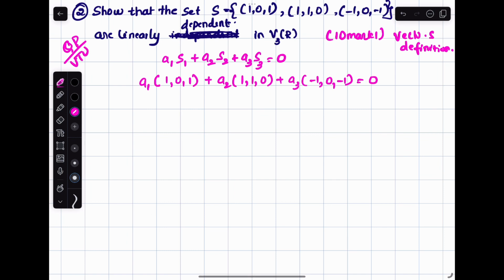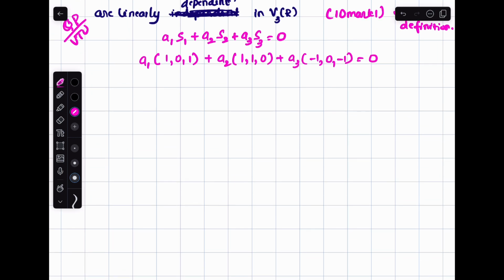Now we will write the equations as they are. We need not change it into reduced echelon form because it is already in reduced form. It is a1 plus a2 minus a3 is equal to 0. Then the second row is 0 1 0, so a2 is equal to 0. Then 1 0 minus 1, so a1 minus a3 is equal to 0.